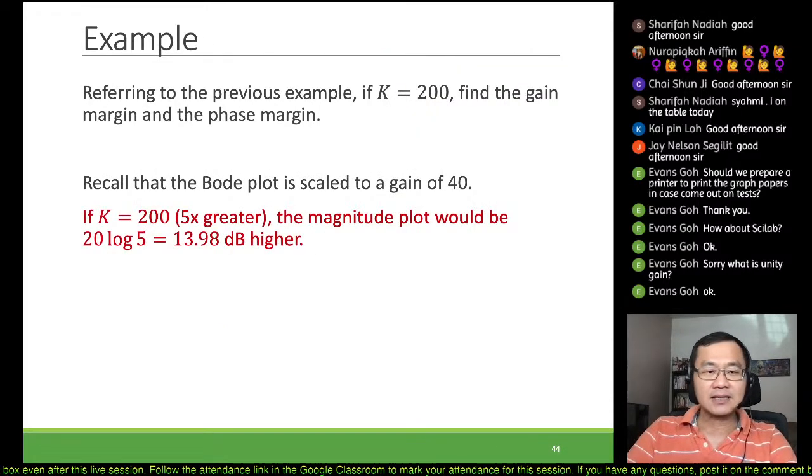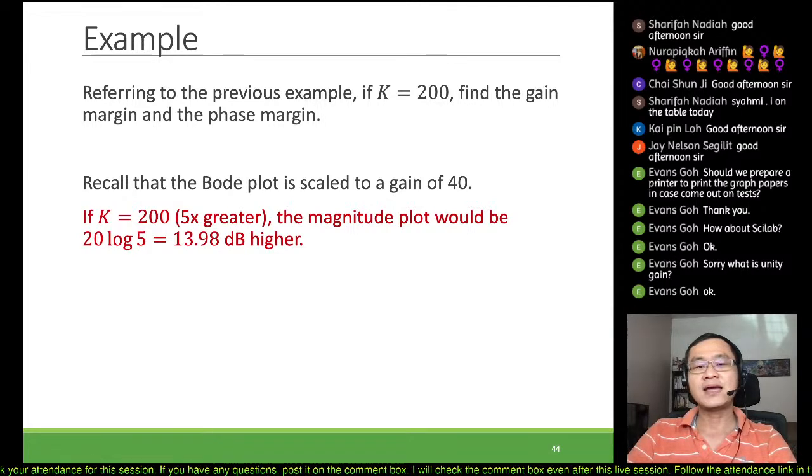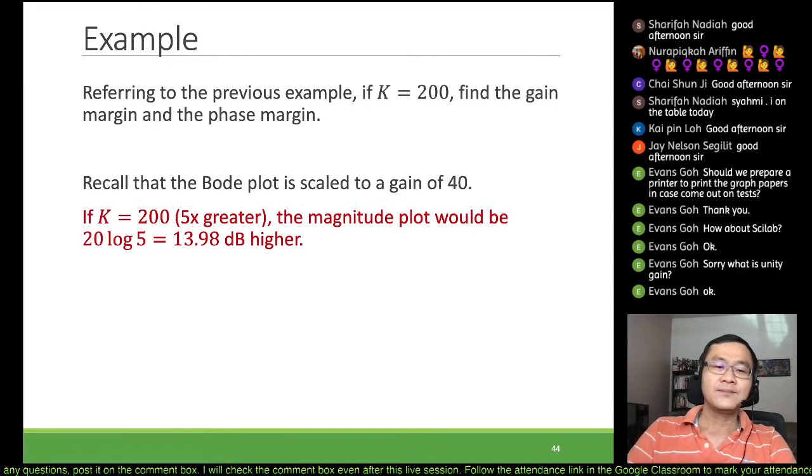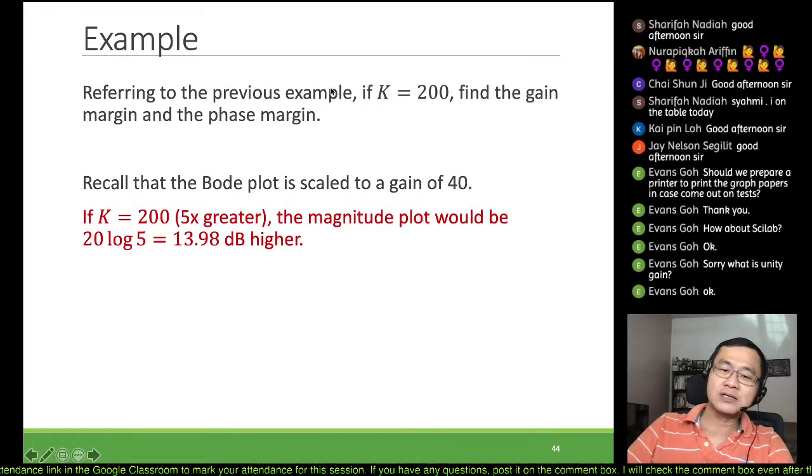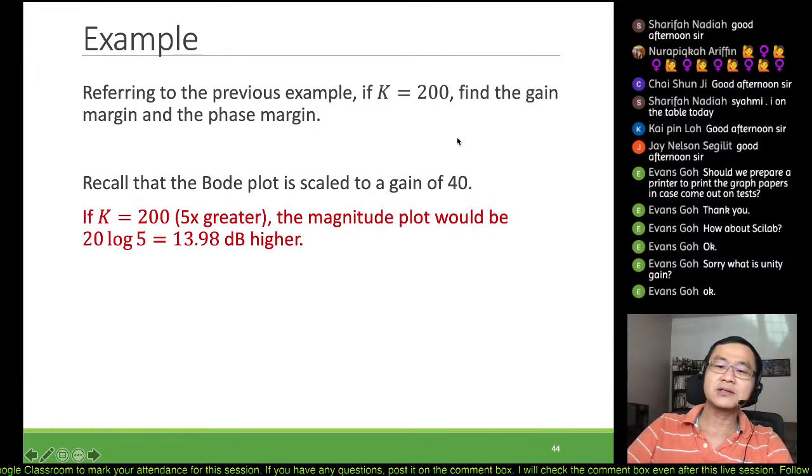So just again take an example on this. Referring to the previous example, if the k value equals 200, find the gain and the phase margin. Previously the Bode plot is scaled to the gain of 40, and if we want to use k equals 200, we need 5 times greater.